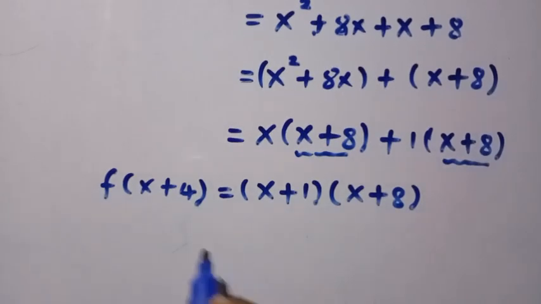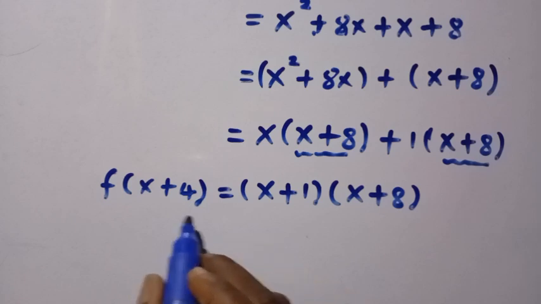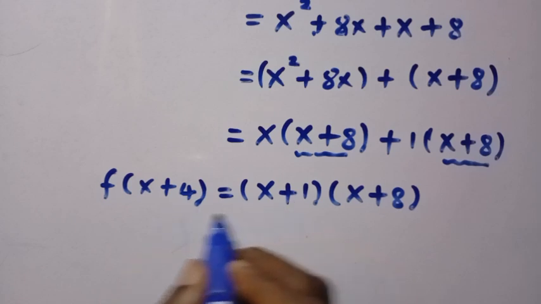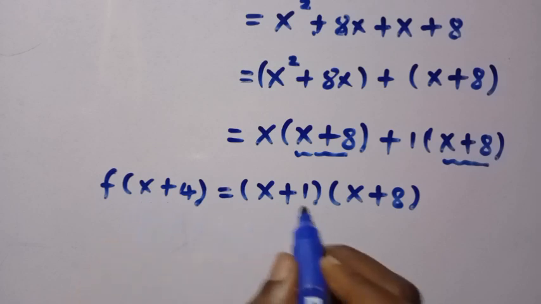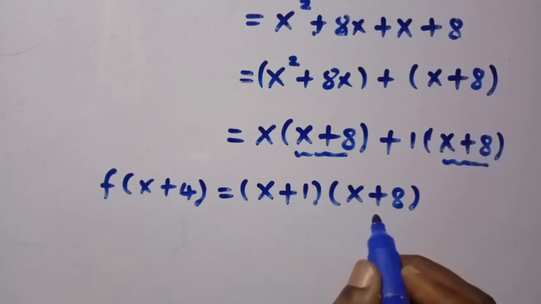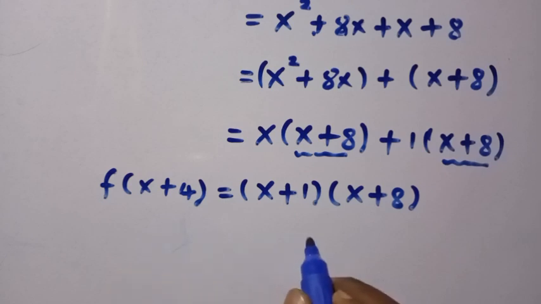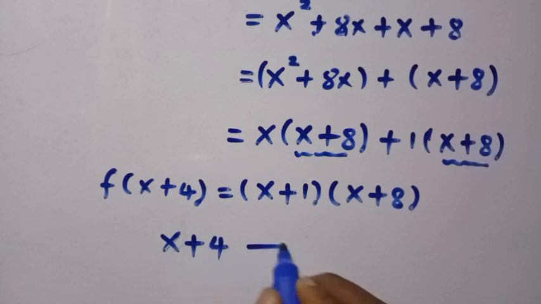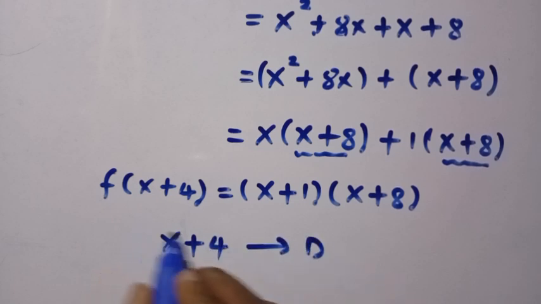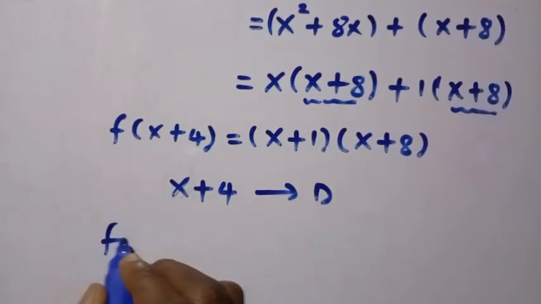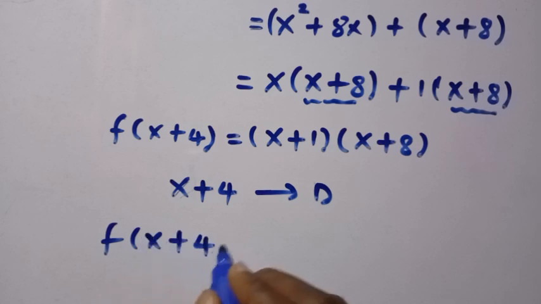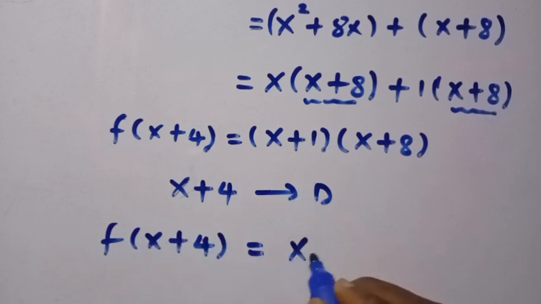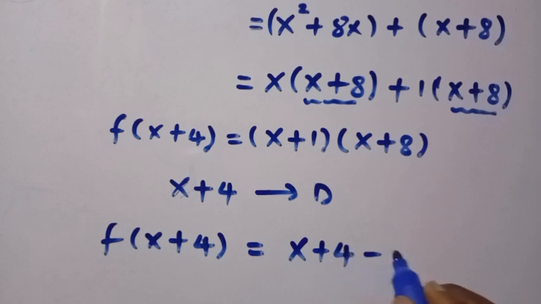So we have to note here that for the first method, which is form manipulation, we have to manipulate every term here. The argument here is given as x plus 4, and what we have here is x plus 1, here is x plus 8. So we have to make sure that they are equal. To achieve that, if this is x plus 4, we have to change it, and here it becomes f of x plus 4 equals. x plus 1 we can also write as x plus 4 minus 3, because 4 minus 3 gives us 1.